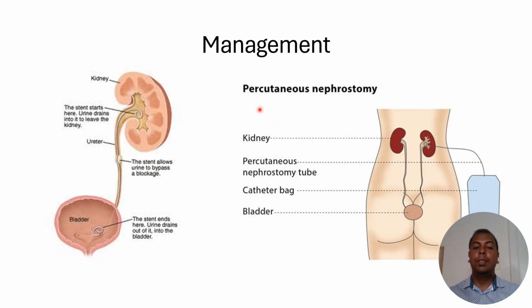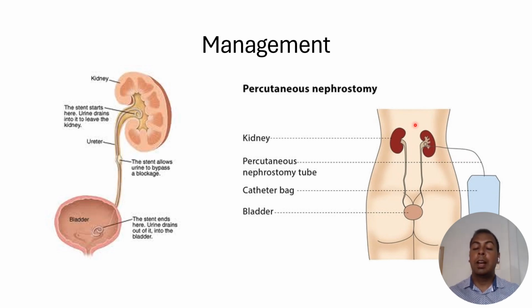All right, so this is the percutaneous nephrostomy technique, where a connection is made and a percutaneous nephrostomy tube is inserted into the patient's renal pelvis via the skin, or percutaneously.